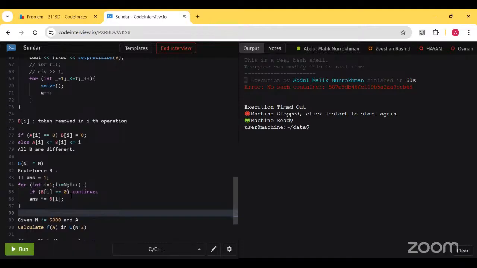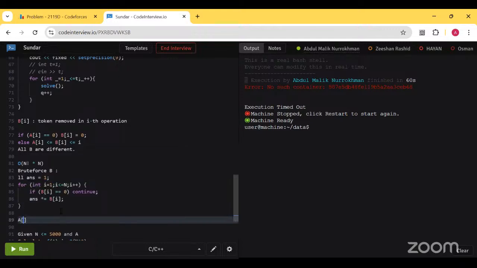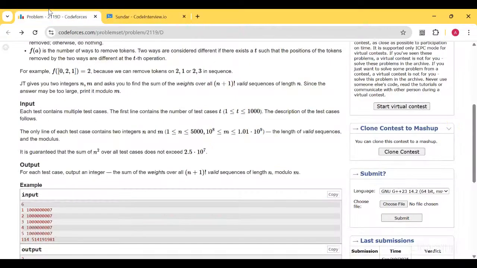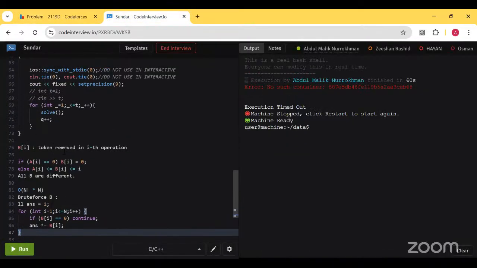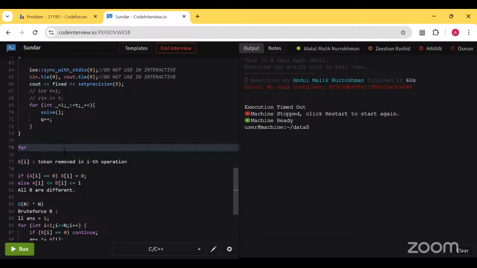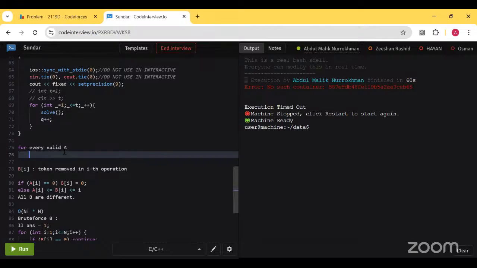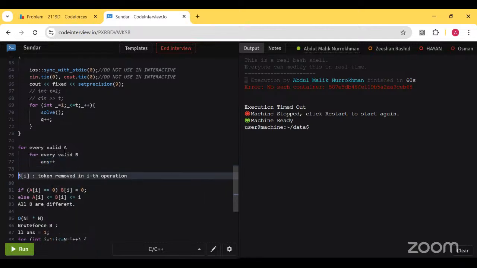It is because we want to find the number of A. Okay, so the idea is like this. If we read the statement, we want to find like this. For every valid A, we want to count for every valid B, right? And then answer plus plus.